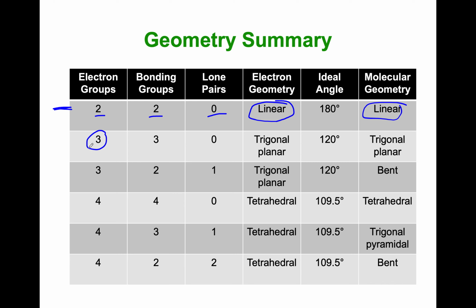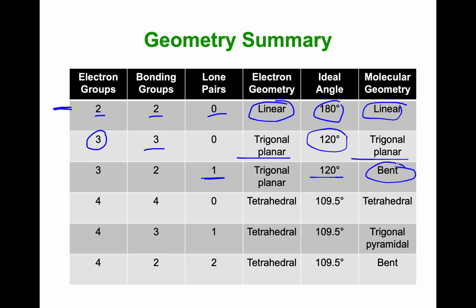So if you take a look, 3 electron group, 3 bonding group, that's trigonal planar, different angles, 120 versus 180. If we have 1 lone pair in trigonal planar, it takes up 1 spot, angles are about the same, and that also can be a bent.